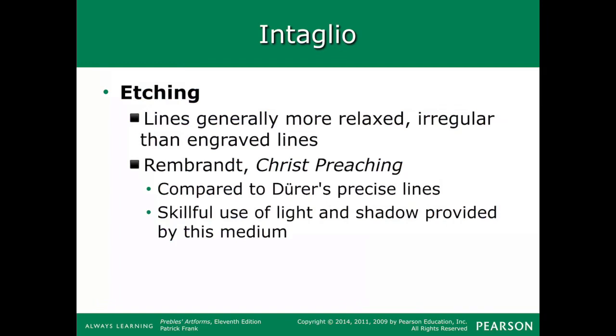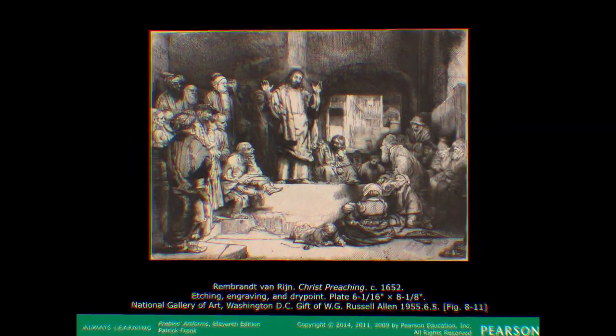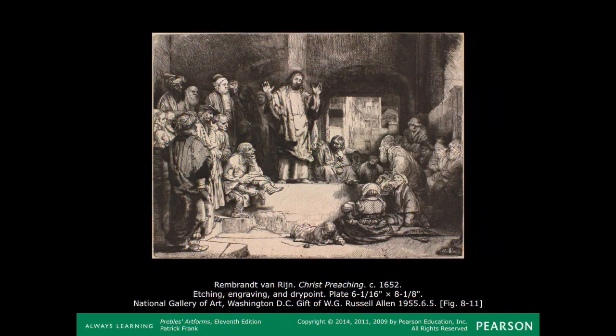And we are going to see an example of etching done by Rembrandt, and the piece is called Christ Preaching. And here is that example. And Rembrandt uses etching, engraving, and dry point here.